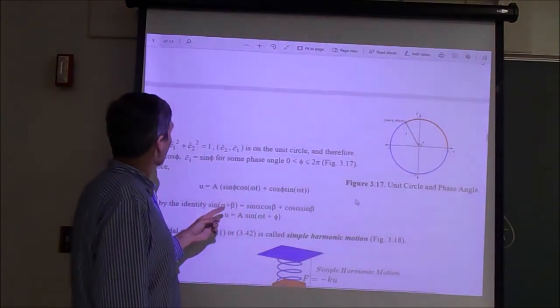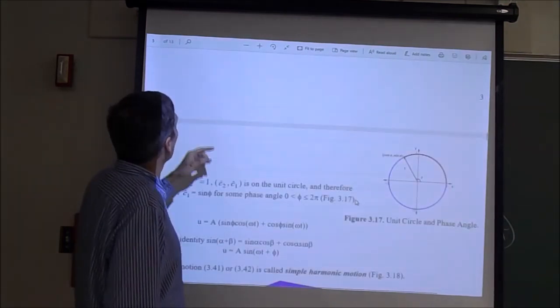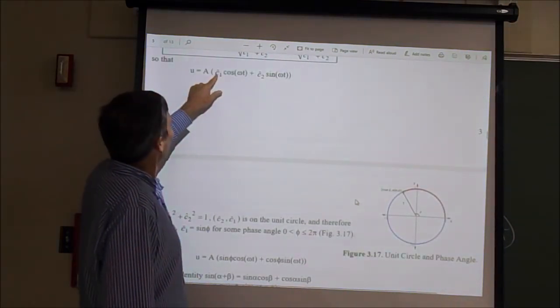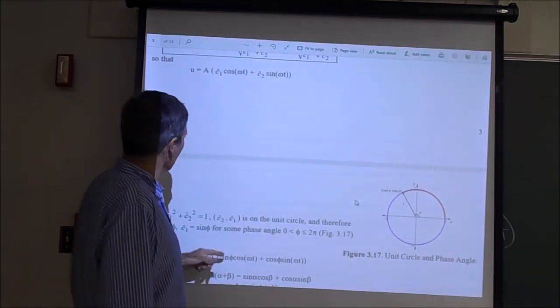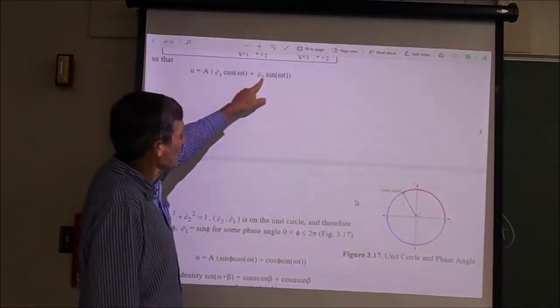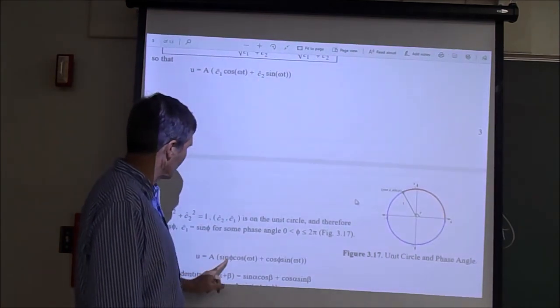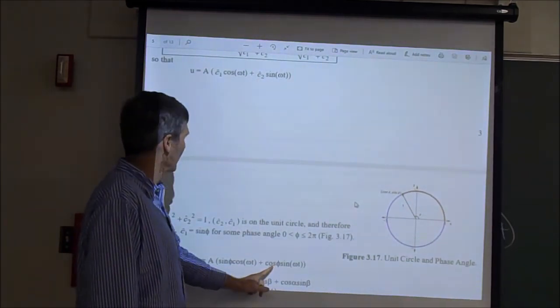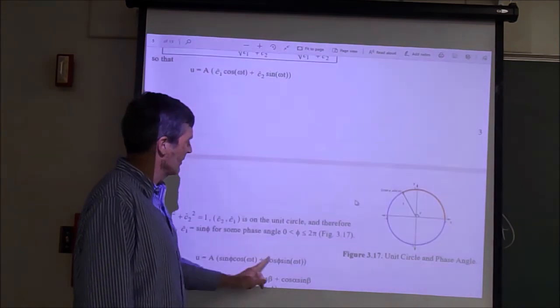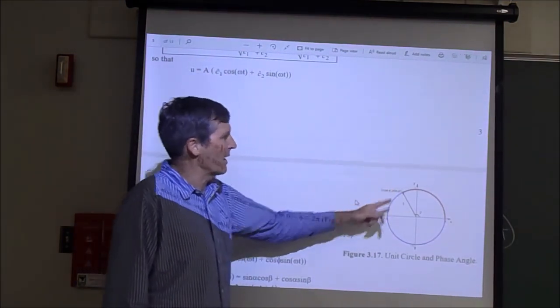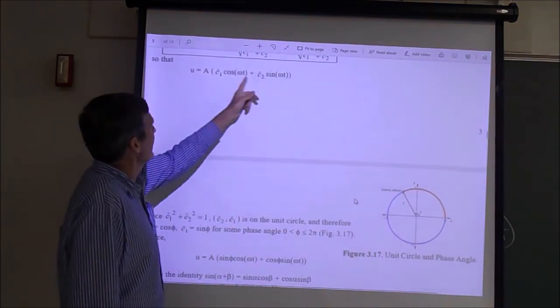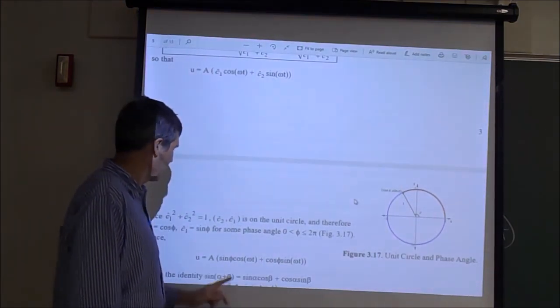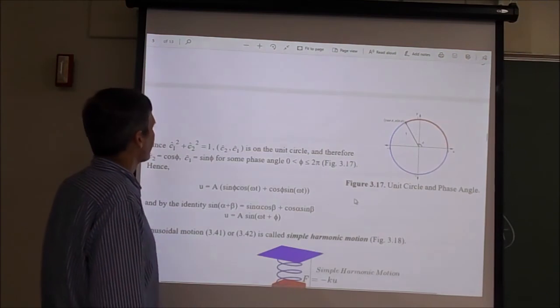But the point is, in this last expression, C1 hat cosine plus C2 hat sine, since C1 hat and C2 hat are on the unit circle, they can be interpreted as a sine and a cosine, respectively, of some angle. And that means we can rewrite our general solution in this form for some angle phi, which is just a constant.